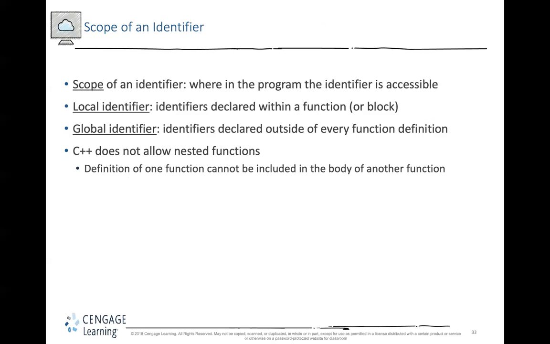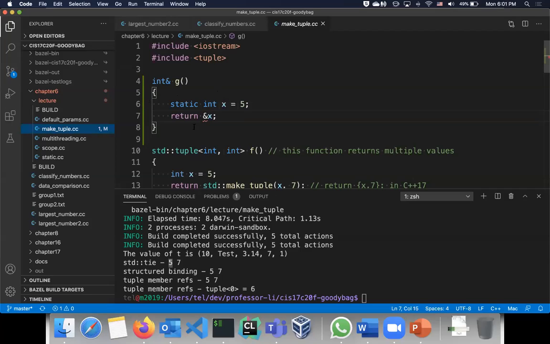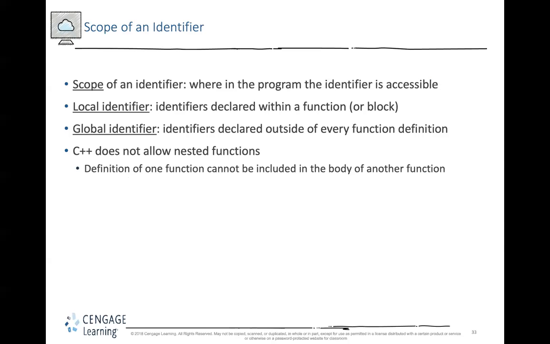It becomes invalid. Now, we're going to talk about the scope of identifier, because when I say this variable x is going to get deallocated, that's because it goes out of scope. What does scope mean? Scope means whether the identifier is accessible in a program. In C++ we call it block scope.